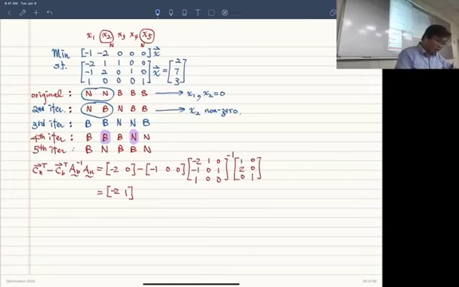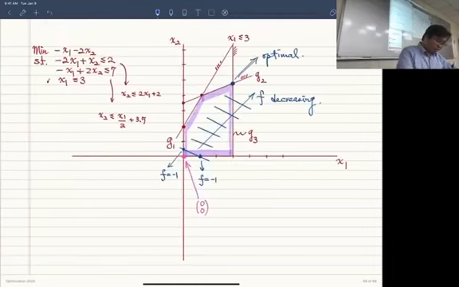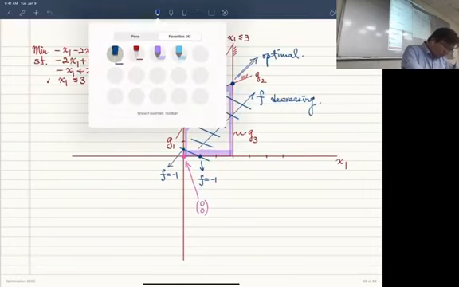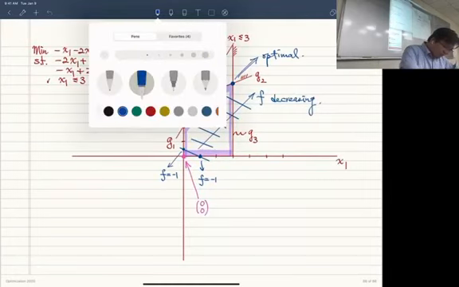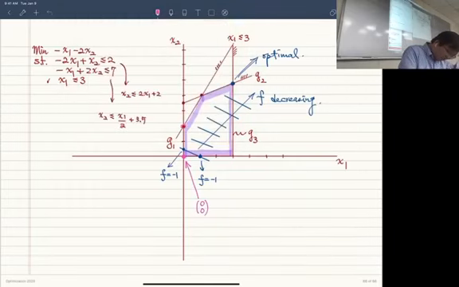It's actually here, this point. Because when we try to increase x2, some other value decreases until we couldn't increase x2 anymore, and actually that will force us to stop at that point.